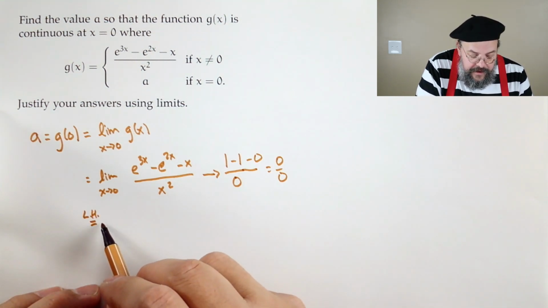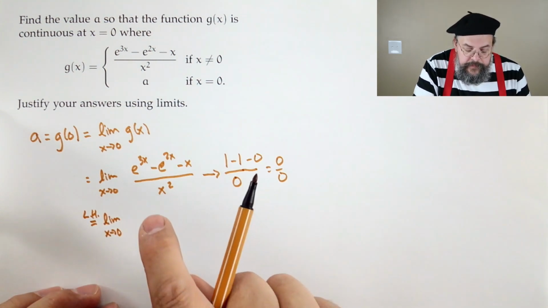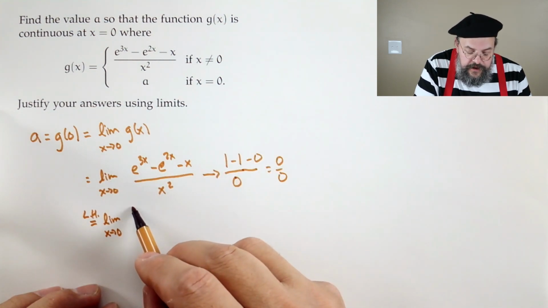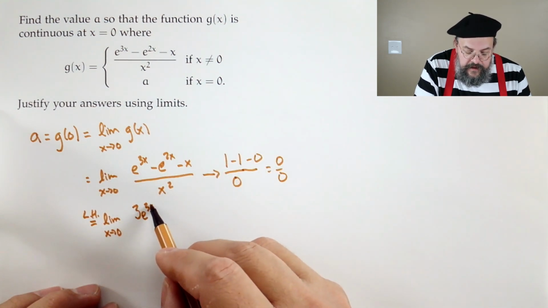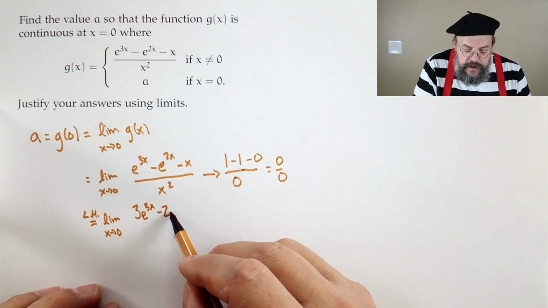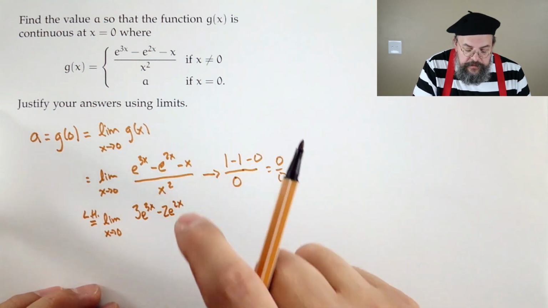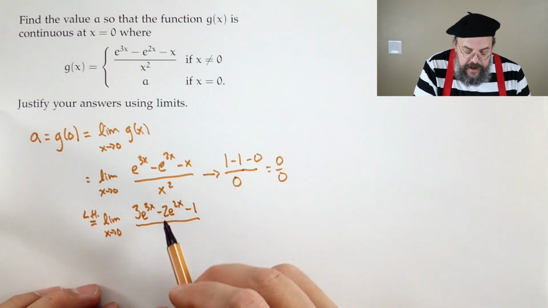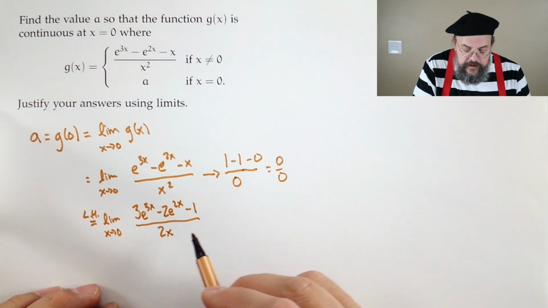All right, so applying l'hôpital. Still have the limit, hasn't gone away yet. Take the derivative of the top, derivative of e to the 3x, using the chain rule, 3e to the 3x. Derivative of e to the 2x will be 2e to the 2x, and the derivative of minus x minus 1. Derivative downstairs, derivative of x squared, 2x.